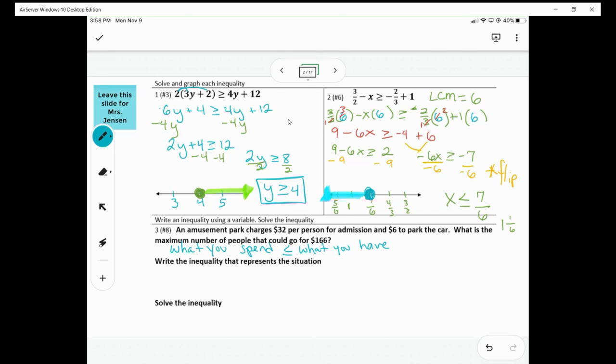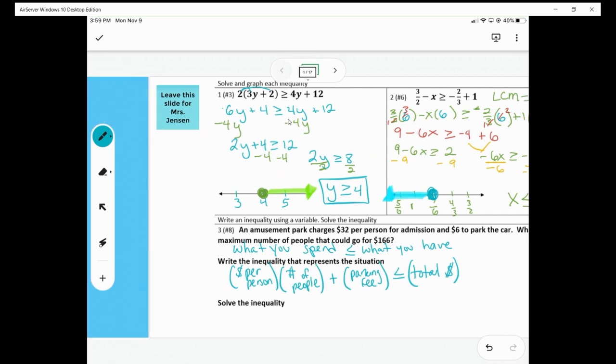So now let's set up a verbal model, and then we'll substitute with the values we know. So our cost is determined by the cost per person. We would multiply that times the number of people. We know that, and then we have a one-time parking fee. And this needs to be less than or equal to our total amount.